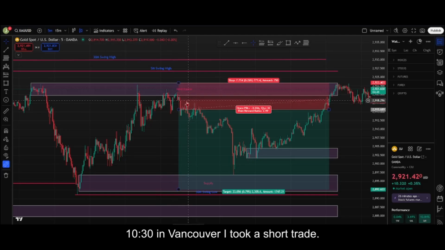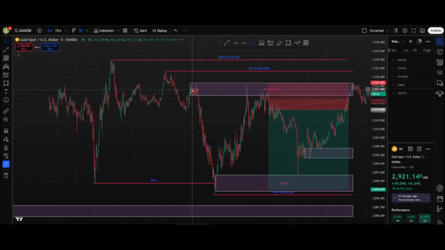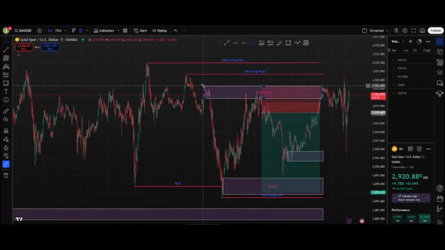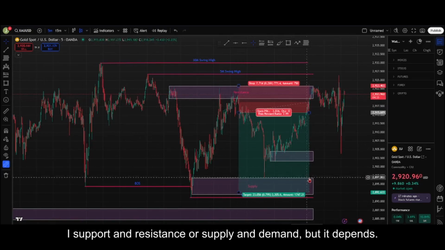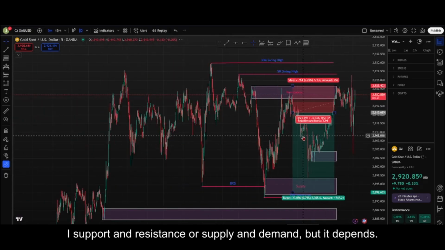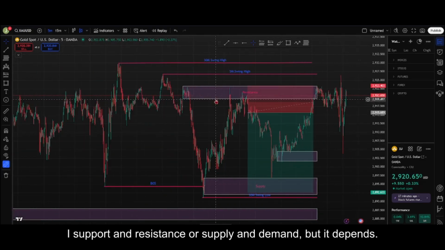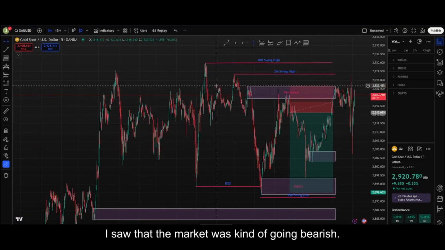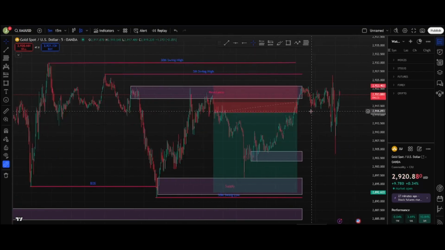I took a short trade, using support and resistance, supply and demand, but it depends. Basically, I saw that the market was kind of going bearish.